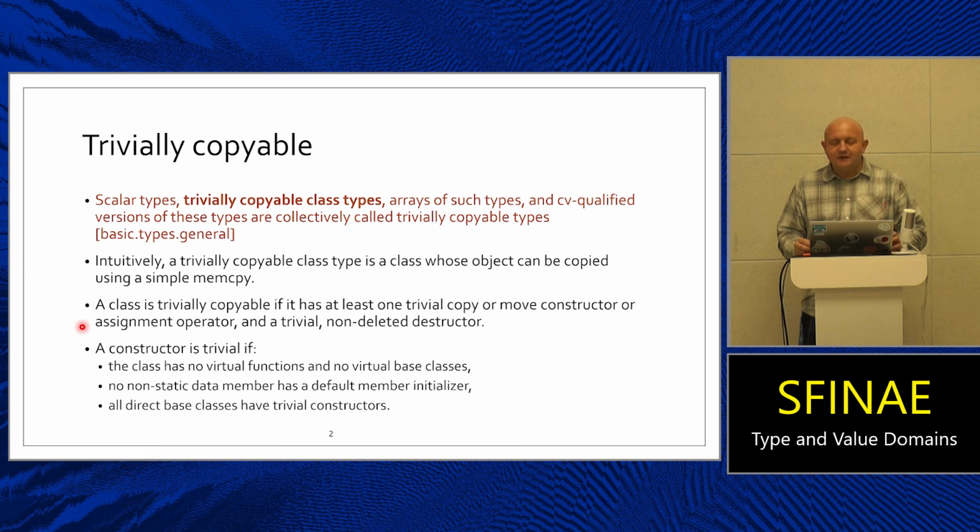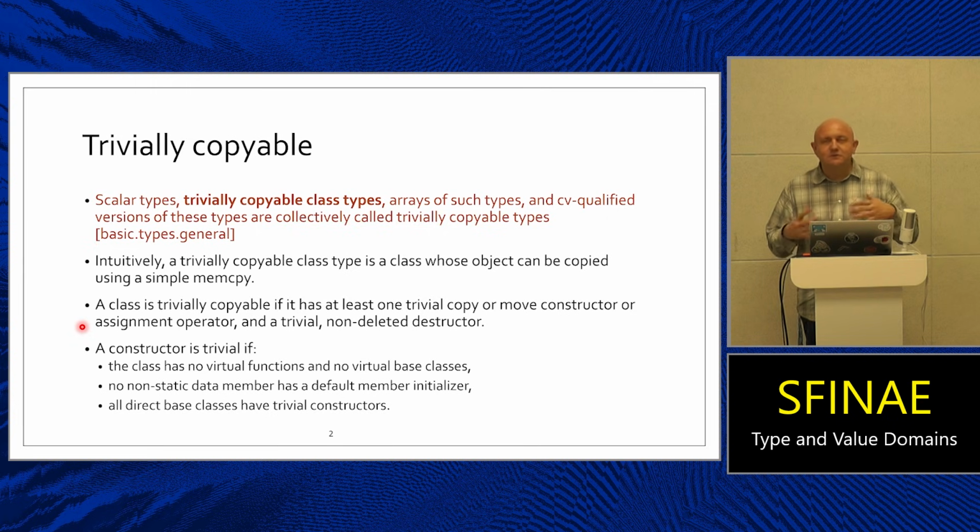So, if you add a virtual function, you lose triviality because the compiler needs to manage the vtable pointer. And if you write a custom destructor, even an empty one, it's already non-trivial, which usually means the object controls some resource.